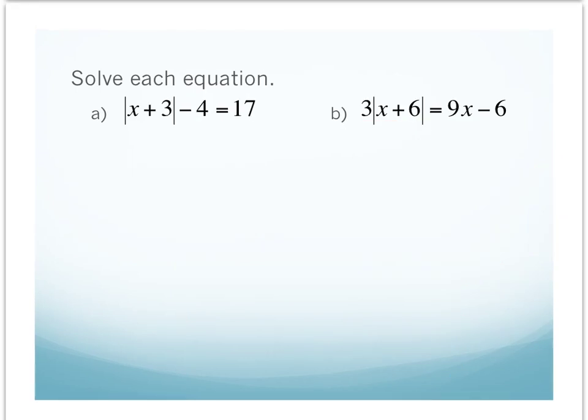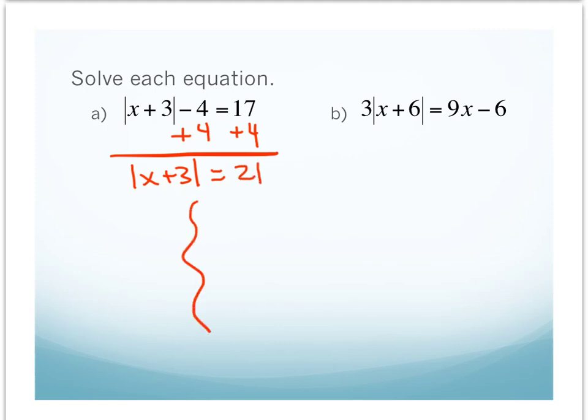Part A on this slide has a number that is subtracted outside of the absolute value sign, but again, you want to get the absolute value portion of this problem by itself. So I'm going to go right away and add 4 to both sides. Now I have the problem, the absolute value of x plus 3 is equal to 21.